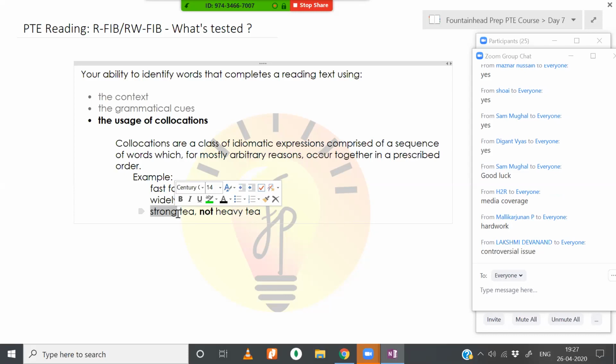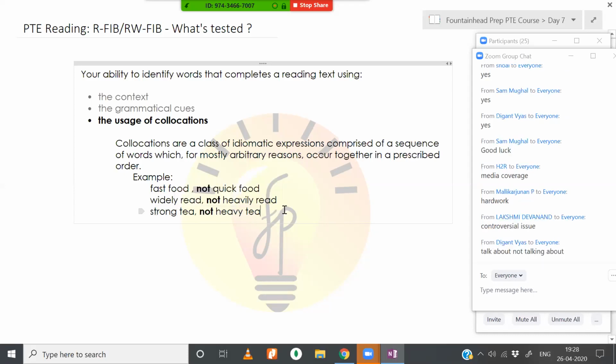Hard work, controversial issue, yes. So those are collocations. Talk about, not talking about. Talk about is a collocation. Okay, so let's see collocations in core area.